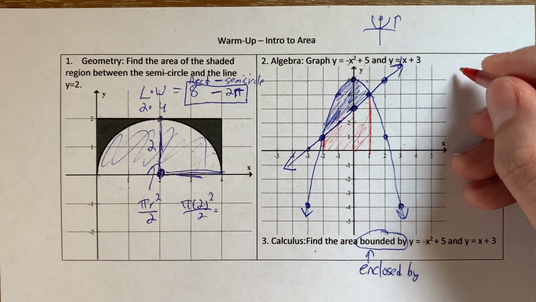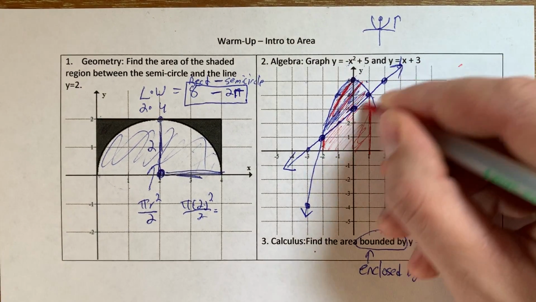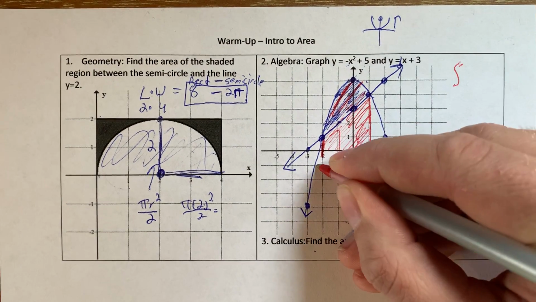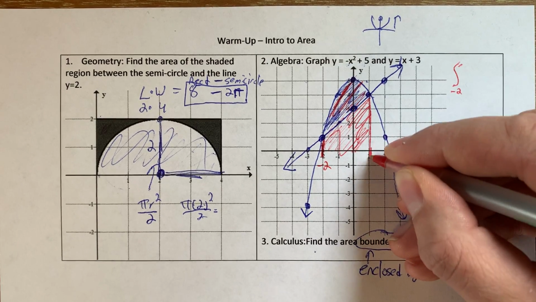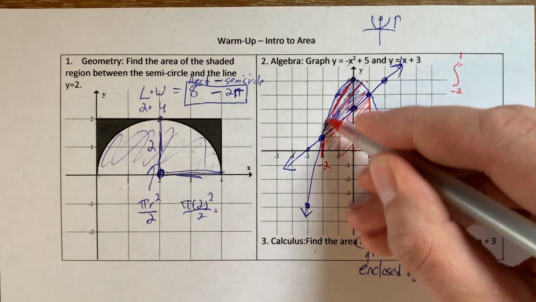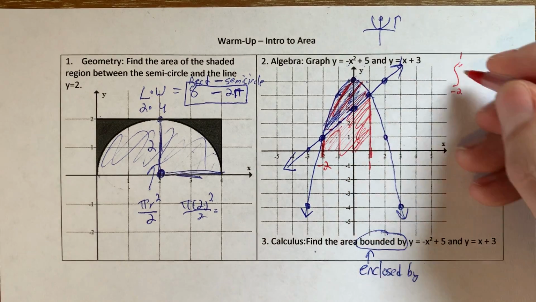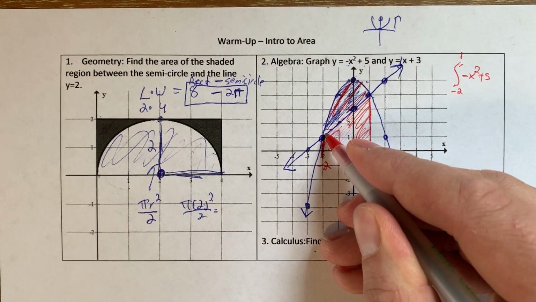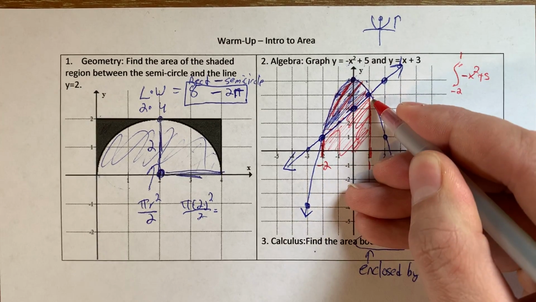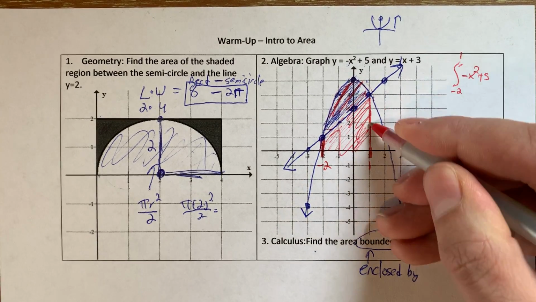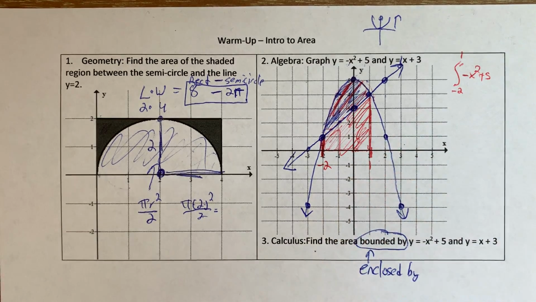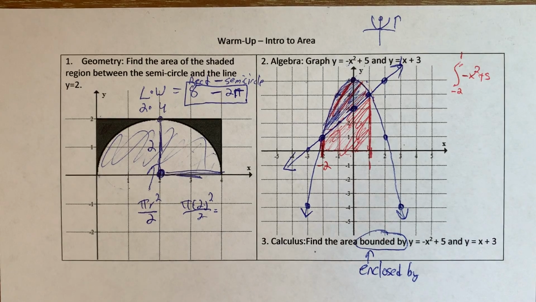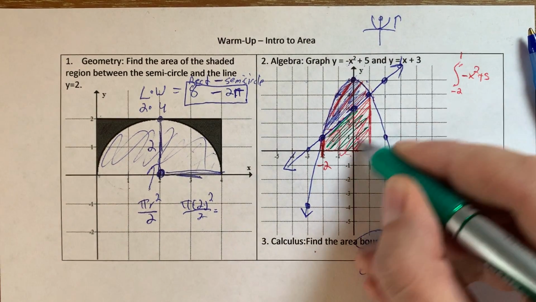Remember, this red area that I'm putting right here would be the integral from negative 2 to 1 of the quadratic, negative x squared plus 5, because the integral tells you the area under a curve bounded from an x to an x and in between the x-axis. So that's this part. But that's not exactly what our area is. It's missing this part right here.